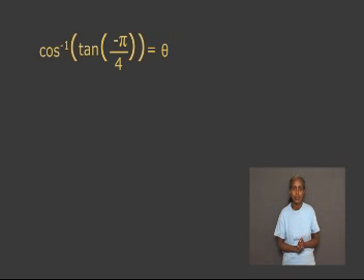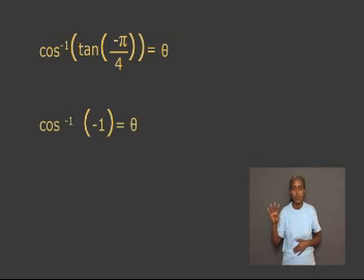The inverse cosine function of the tangent function of negative pi over 4 can be written as the inverse cosine function of negative 1. This is because the tangent function of negative pi over 4 is equal to negative 1.